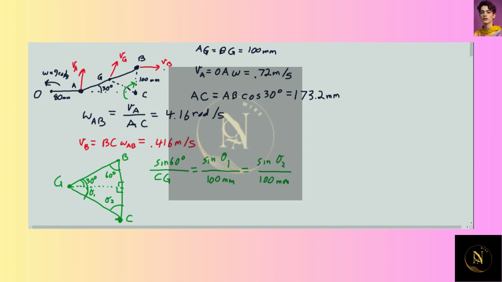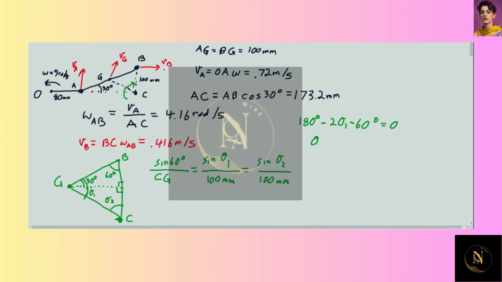The only way they can be the same angle if our other angle is 60 degrees is to take what's left over after that 60-degree angle. So we have 180 degrees minus theta 1 minus theta 2, but those are the same, so that's where the 2 theta 1 comes in, minus the 60 degrees has to equal 0.